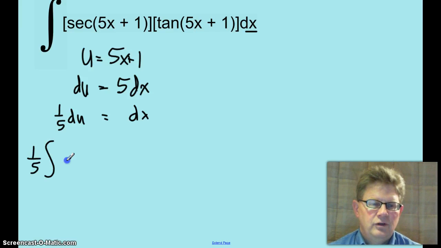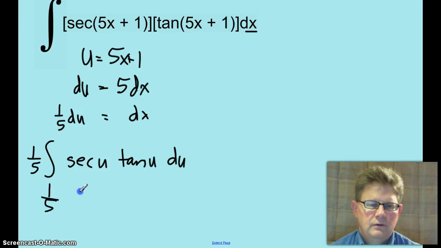1/5 times the integral of secant u tangent u du. So 1/5 secant u plus some arbitrary constant.